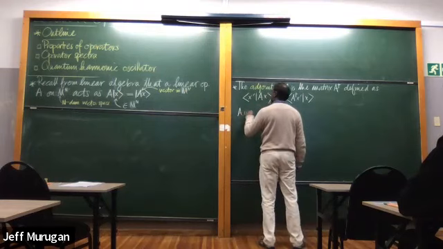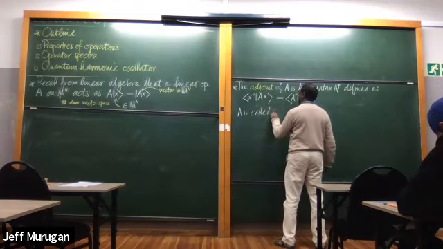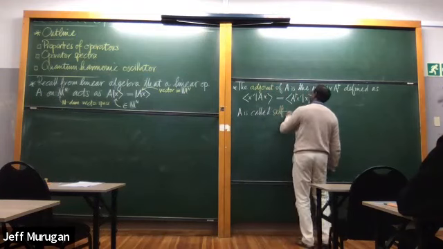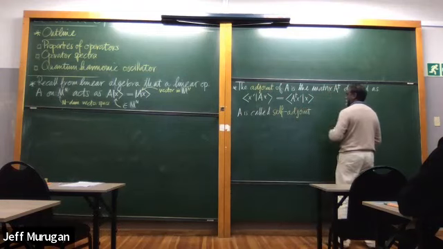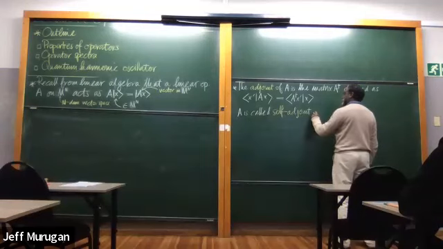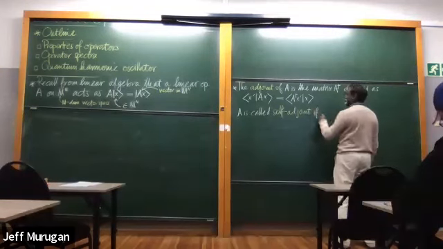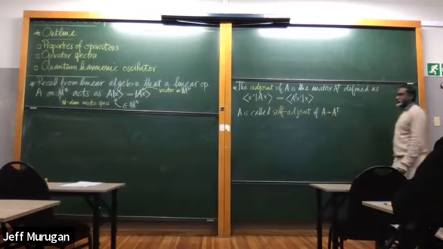A is called self-adjoint, or Hermitian in the context of differential operators, if A and A dagger are the same thing.